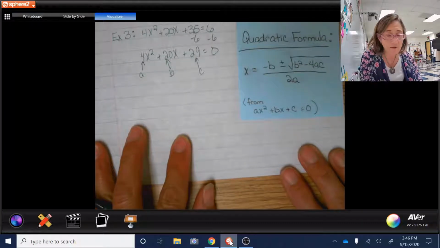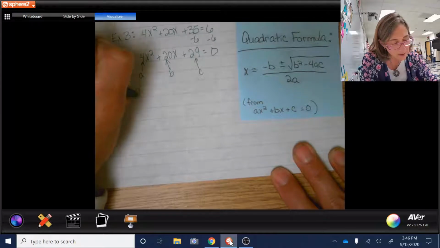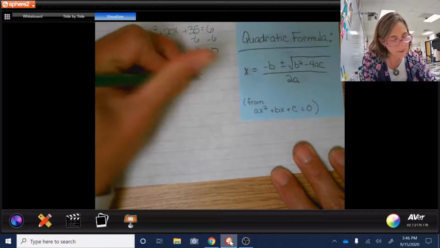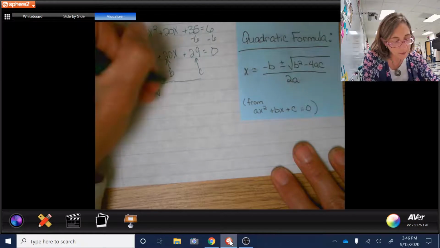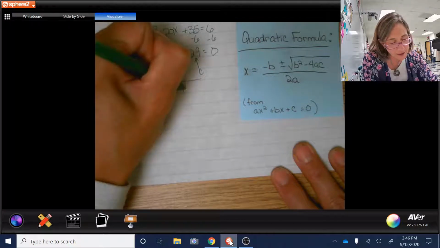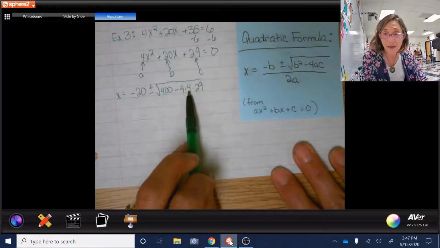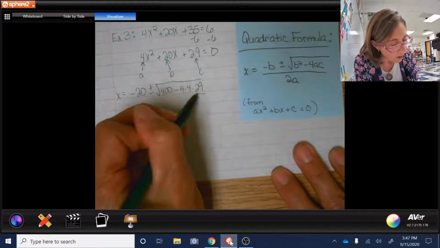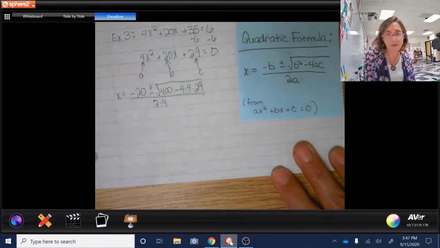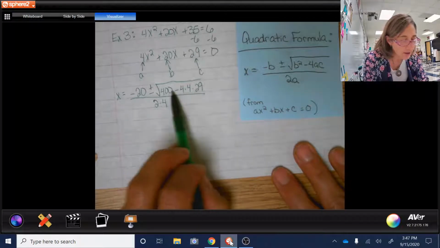So here's your quadratic formula. x equals negative b, that's 20, plus or minus the square root of b squared, that would be 400, minus 4ac. So there's my a, and there's my c, all over 2a. There's my a again. So we have to simplify this part under the radical.